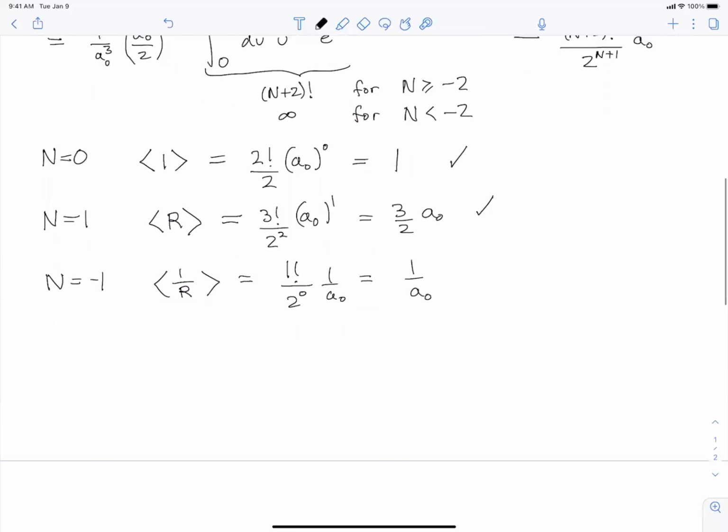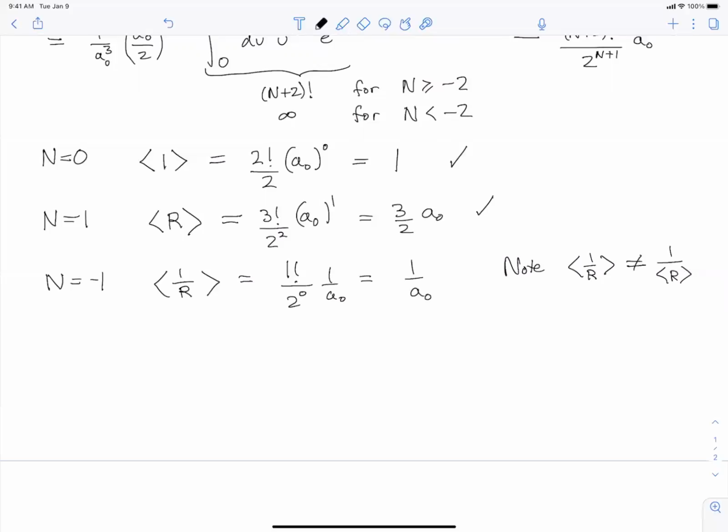Okay, so notice that the expectation value of 1 over r is not equal to 1 over the expectation value of r. In other words, the process of taking an expectation value does not commute with normal algebraic things like taking reciprocals or taking powers.